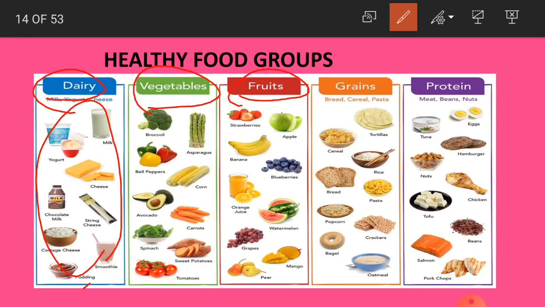Any vegetable you will take, in the afternoon curry or at dinner. Again, fruits also. For snacks, we'll take fruits and grains. Grains are what? Dal, wheat, rice, all that come under grains. So even this is very important.